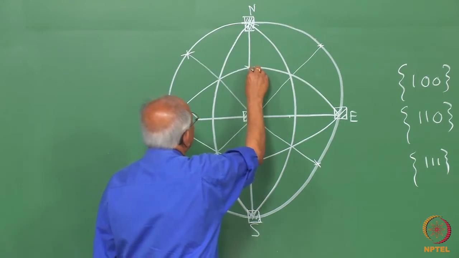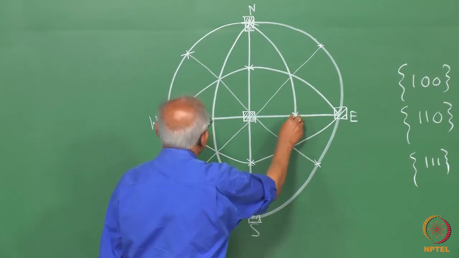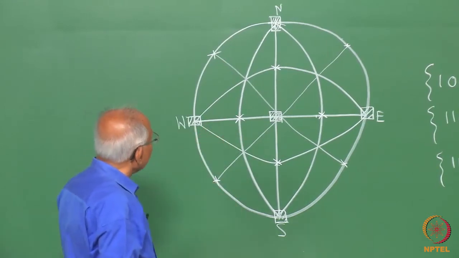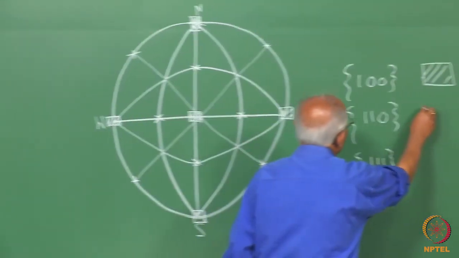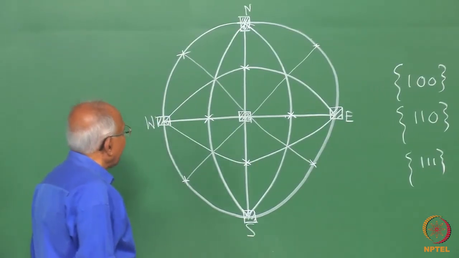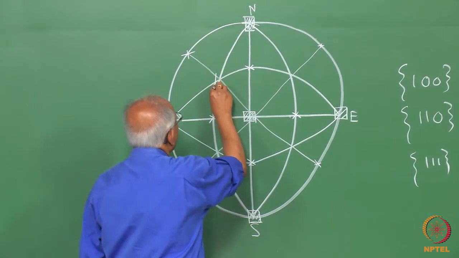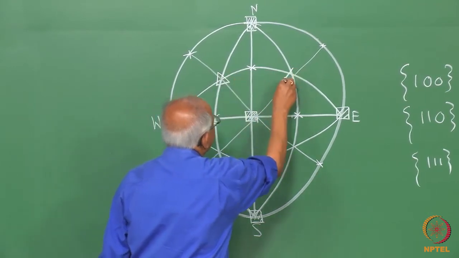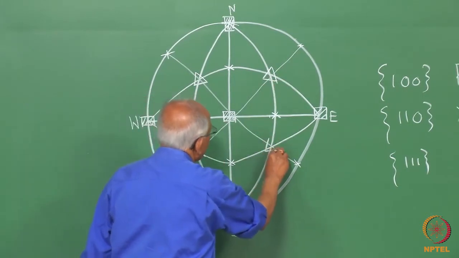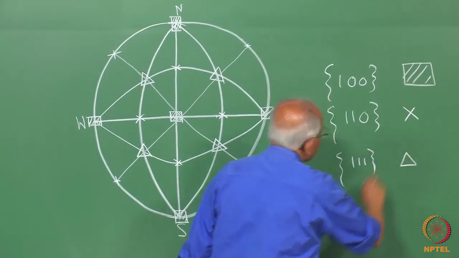In addition, this is another, this is another, this is another, this is another. So, all the cross marked points are actually the locations for 1 1 0 type poles. And what about the 1 1 1 type poles? We found out the 1 1 1 type poles appear in these 4 points. So, these are the locations of the 1 1 1 type of poles.